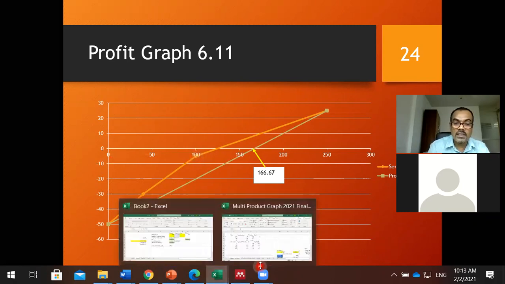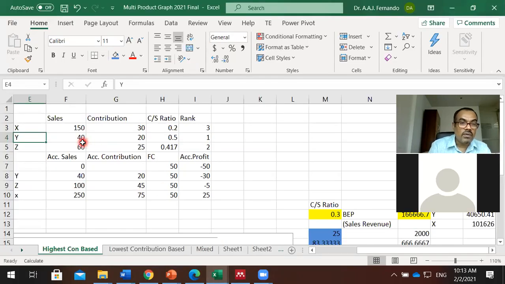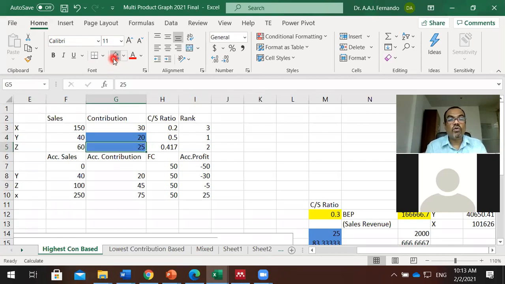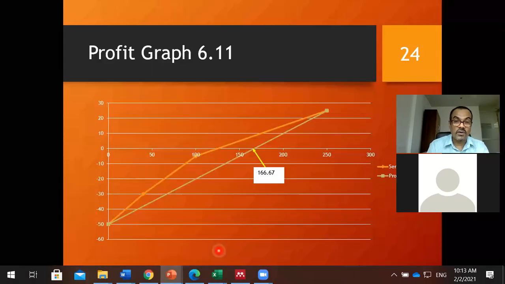But still, when you have a total sales of 100,000, what is your situation? As far as the company is concerned, from product Y you get a contribution of 20. You can see it here. From product Z, you get a contribution of 25. Altogether, total contribution is 45. But the question tells you that your total fixed cost is 50.